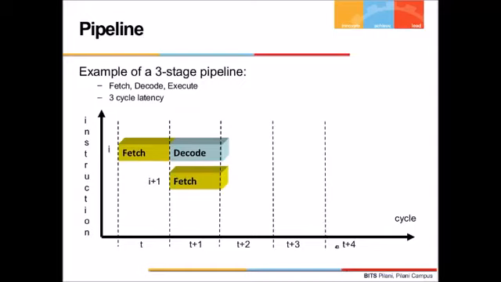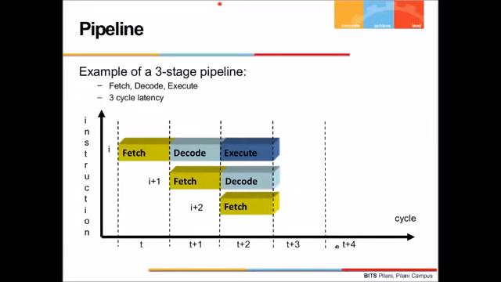So the second instruction can be fetched when the first instruction is getting decoded, right? Then at clock 3, the first instruction got into the execute stage. Now the second instruction has already been fetched and the decode unit is free. So the second instruction can get into the decode stage, right?